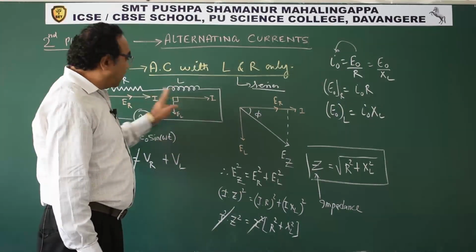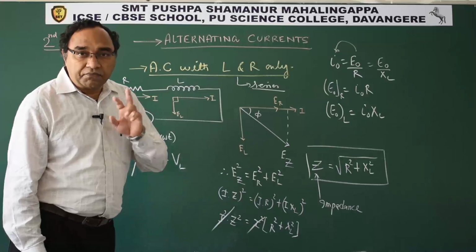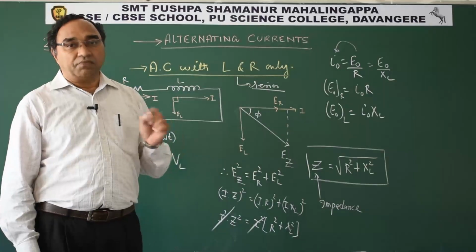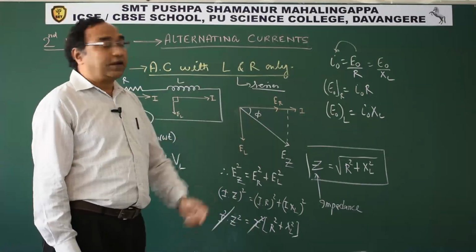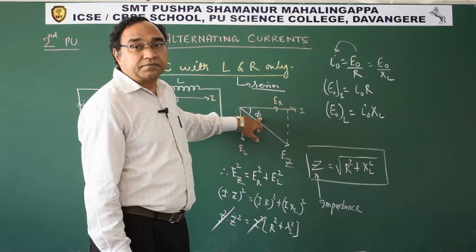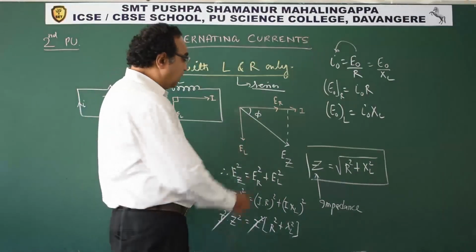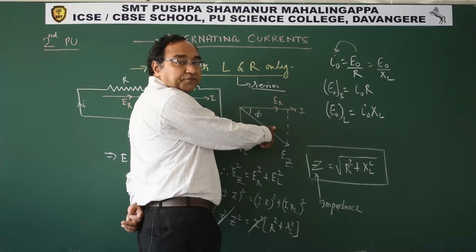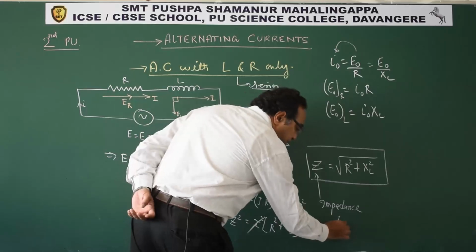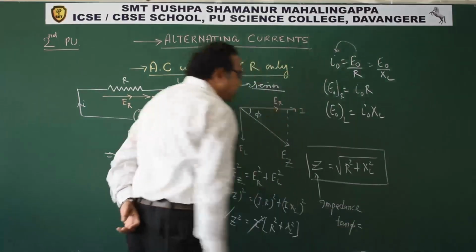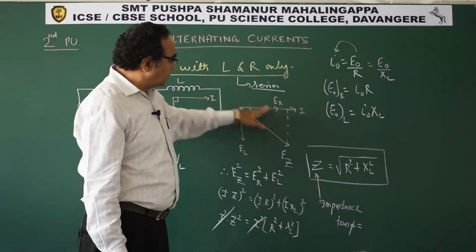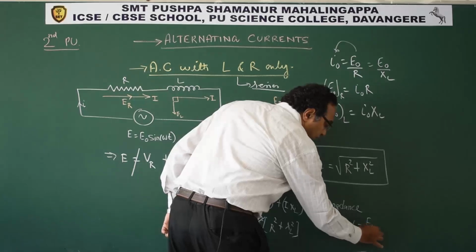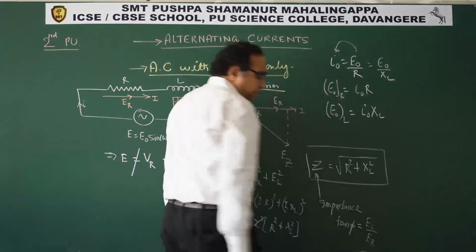Now, if these two are placed together, the phase difference will lie between 0 and 90. So, this is that angle. How much will be that angle? If you see this, this is known as impedance triangle. In the impedance triangle, we can say tan phi is equal to EL by ER.